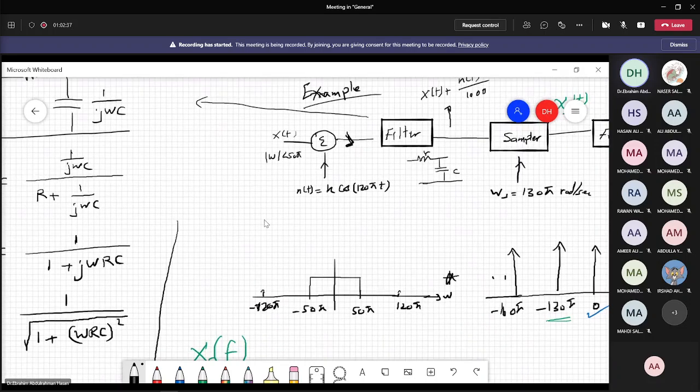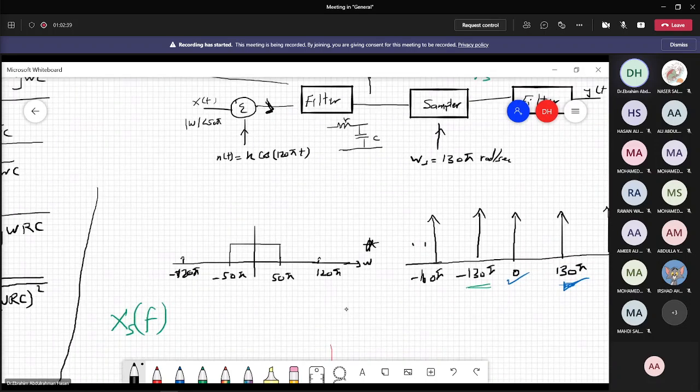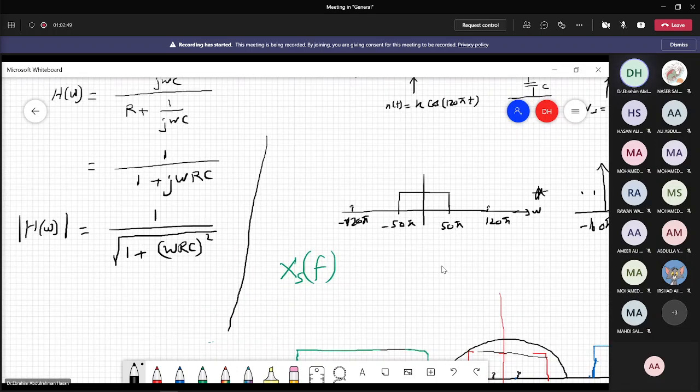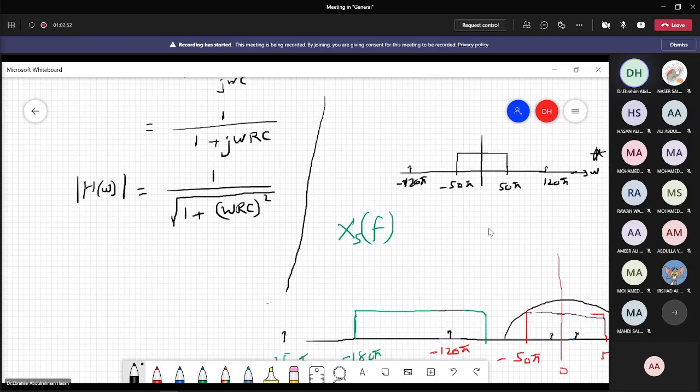What I want exactly is, at omega equal to 120 pi, to reduce this k by 1000. So the gain should be equal to 1 over 1000. So the magnitude at omega equal to 120 pi radian per second is equal to 1 over 1000.